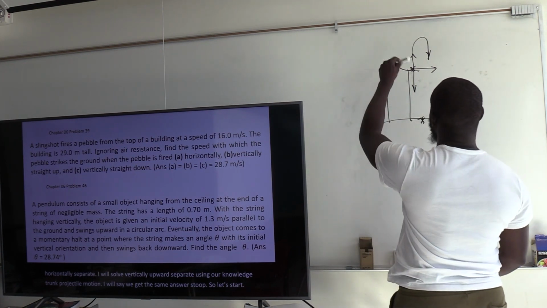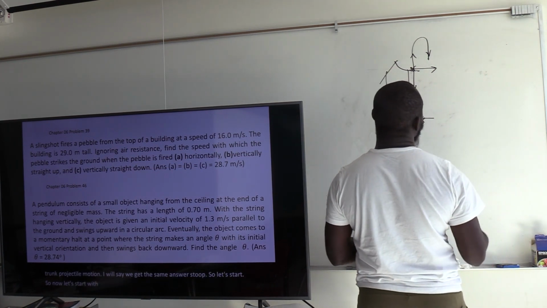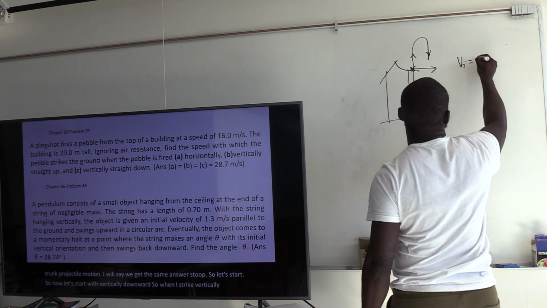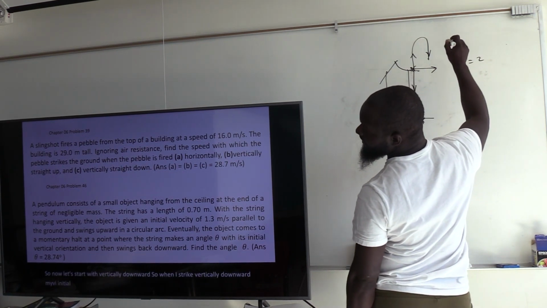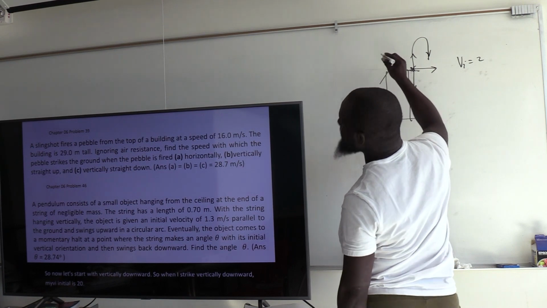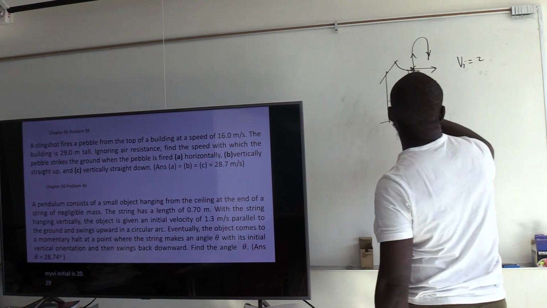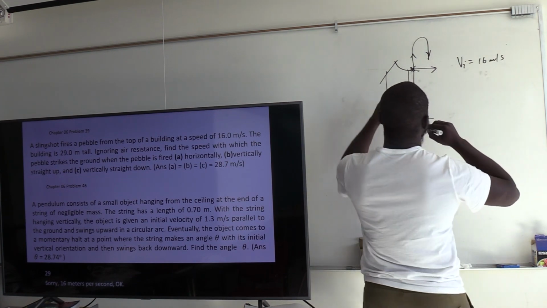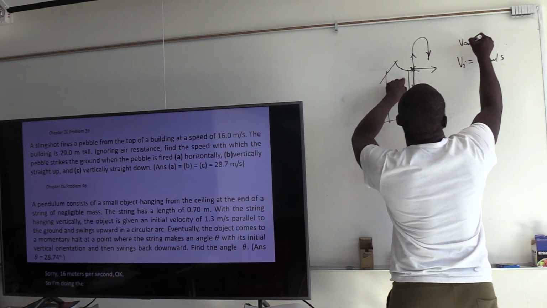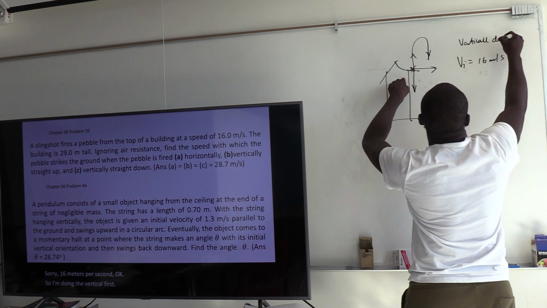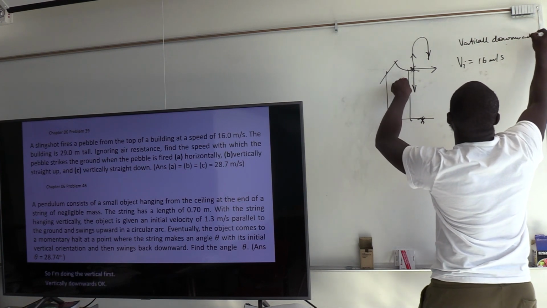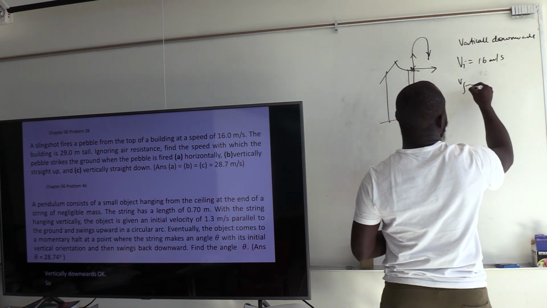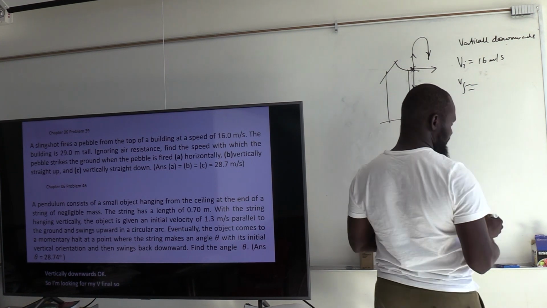So now let's start with vertically downward. When I shoot vertically downward, my V initial is 16 meters per second, okay? So I'm doing the vertical first, vertically downwards. I'm looking for my V final, and I'm given the height.